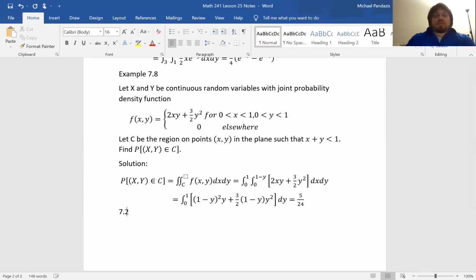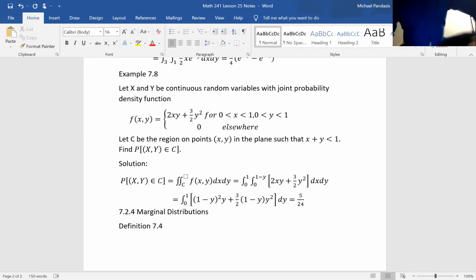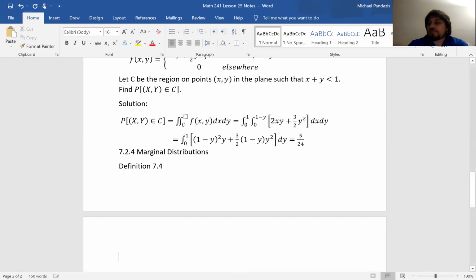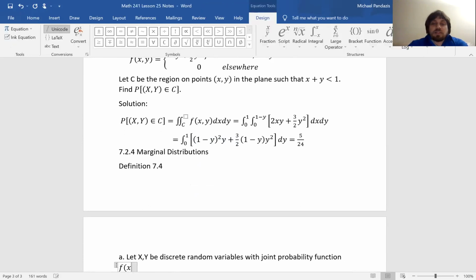Okay, so next is 7.2.4 on marginal distributions. So let's talk about definition 7.4. Let X, Y be discrete random variables with joint probability function f of x comma y.